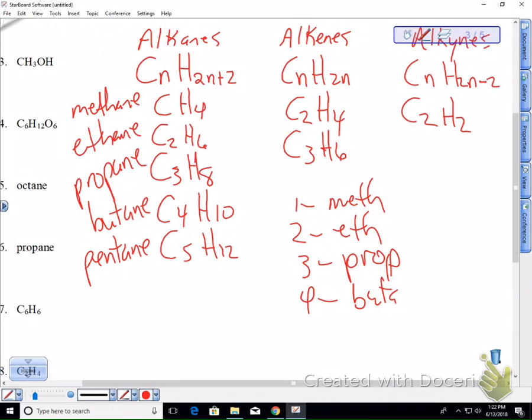In covalent, it was mono, di, tri, tetra. And then it picked up penta and just went crazy. Organic, it's just meth, eth, prop, but, then pent, and then it goes crazy. So that's the only thing really different about it. I just want to make you somewhat familiar with that.